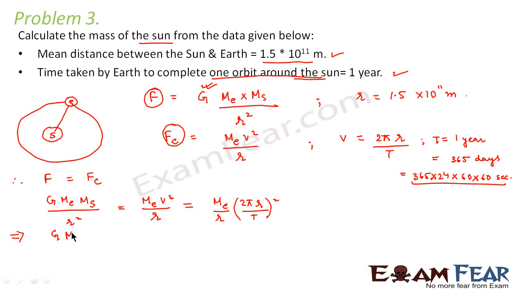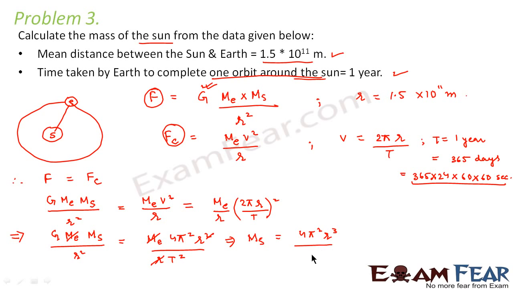So we get G me ms divided by r square is equal to me into 4 pi square r square divided by r into t square. So r will get cancelled with this r, and me will get cancelled. So we can say the mass of the sun is equal to 4 pi square r cube divided by G into t square.